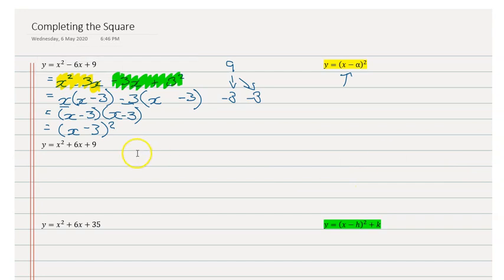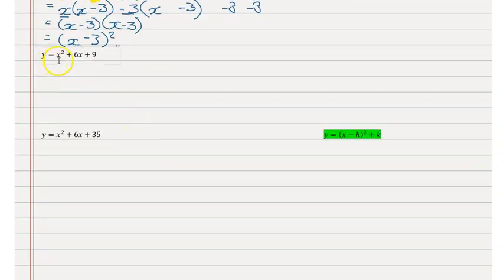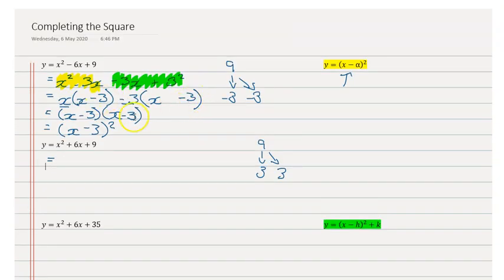Now going down to the next one, we've got y equals x squared plus 6x plus 9. Can you notice the pattern? Going across again, we can see that the factors of 9 are going to be 3 and 3, and the two 3's can be added together to give this 6 in here. So rather than doing all the steps that I had already done in the first example, let's skip a few just for the sake of time.